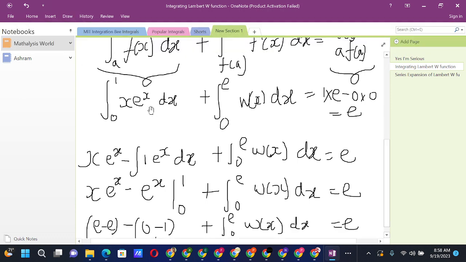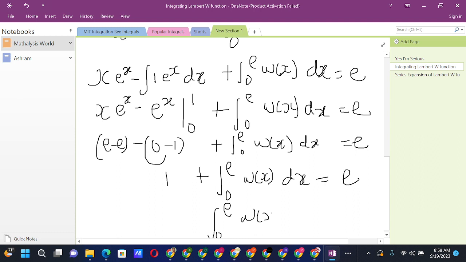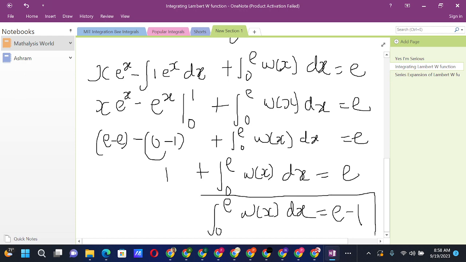Let's proceed further. E and e cancel out, and negative of negative 1 is just 1, plus the integral from 0 to e of Lambert W of x dx, this is e. Now you can take 1 to the other side to get the integral from 0 to e of Lambert W of x dx equals e minus 1. So we have the solution now.